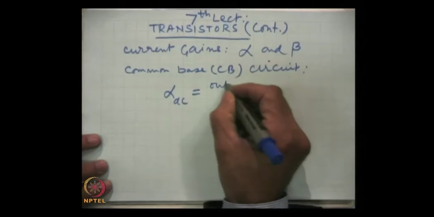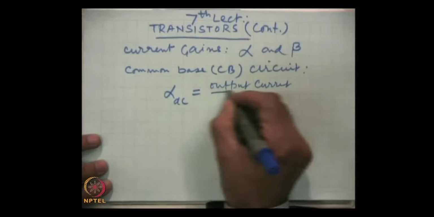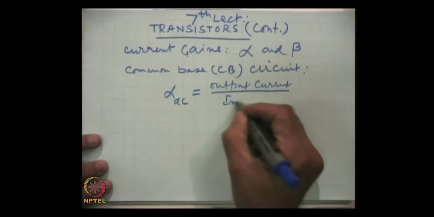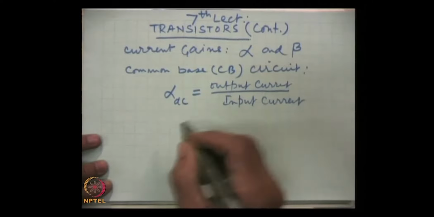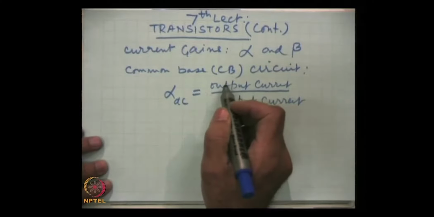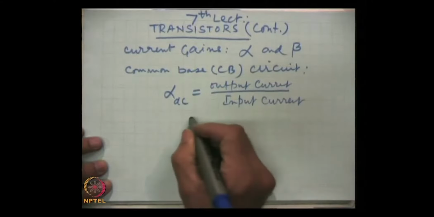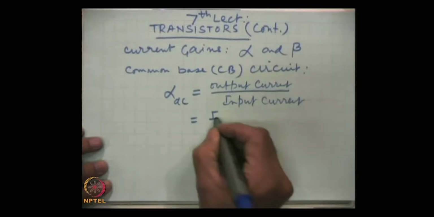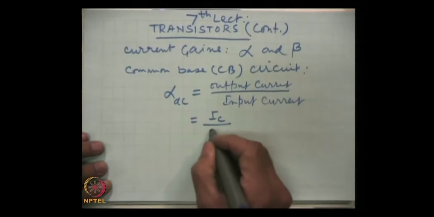When we talk of current gain, then it is output current to input current. In the CB circuit, common base circuit, you will recall that the output current is the collector current and the input current is the emitter current.